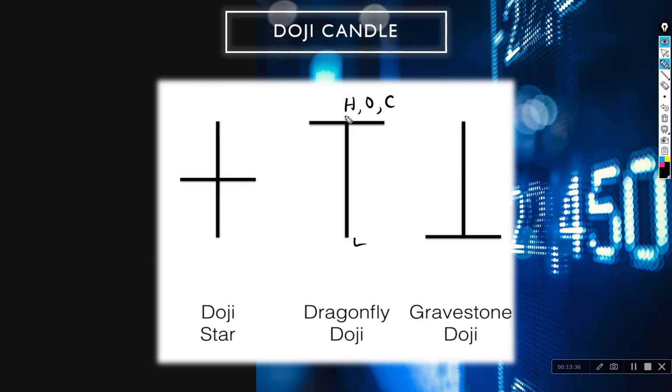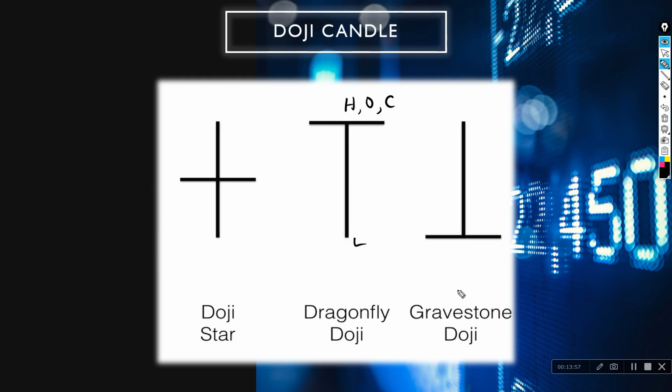You will not see another wick here, only one line, which means it opened at this price and also closed at this price, and this is the highest price recorded on that particular day. It is called a dragonfly because it is shaped like a dragonfly with wings and a long body or tail.